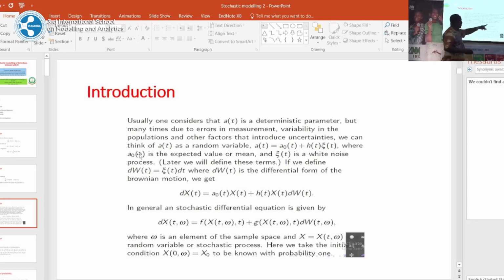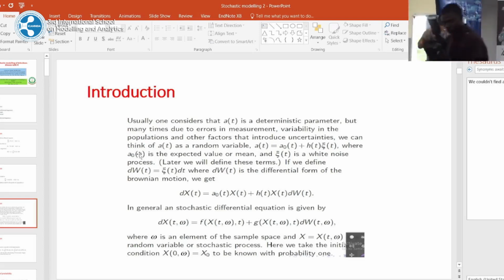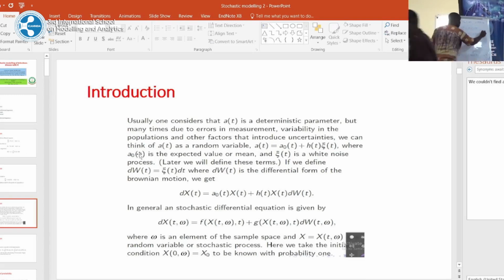If we define dw of t equal to psi of t dt, where dw of t is the differential form of the Brownian motion, we get dx of t equal to a of t, x of t dt.